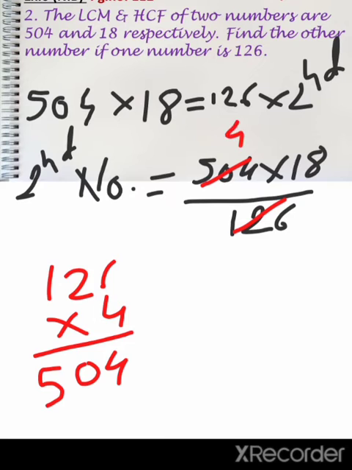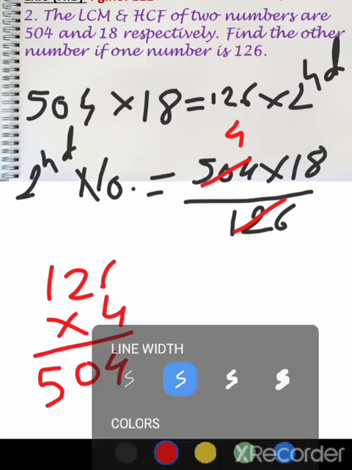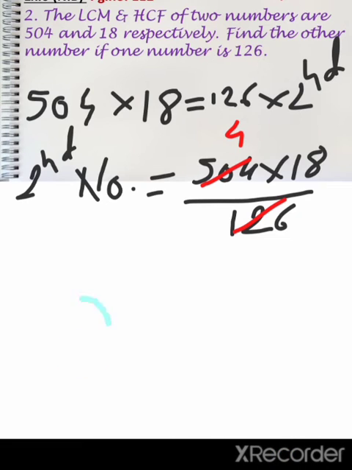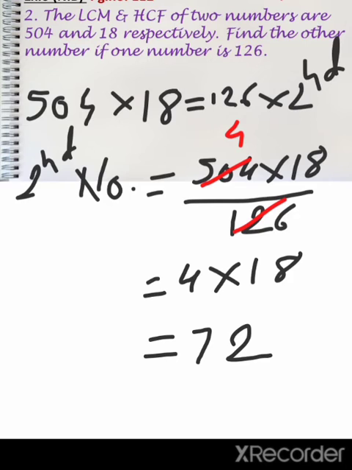It means 126 is going to divide this 504 four times. So 126 divided by 126 we get 1, and 126 dividing 504 we get 4. No need to write 1 here because it is understood. So here we are getting 4 into 18, which is equal to 72. So my second number is 72.